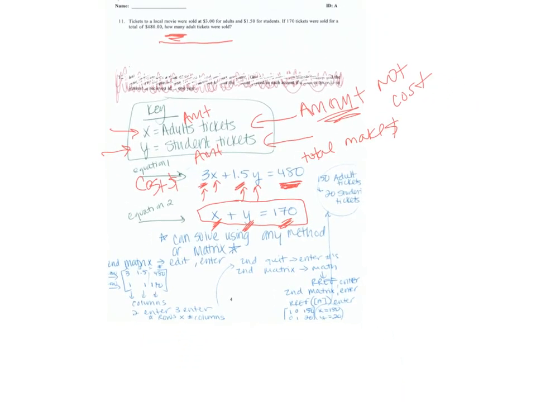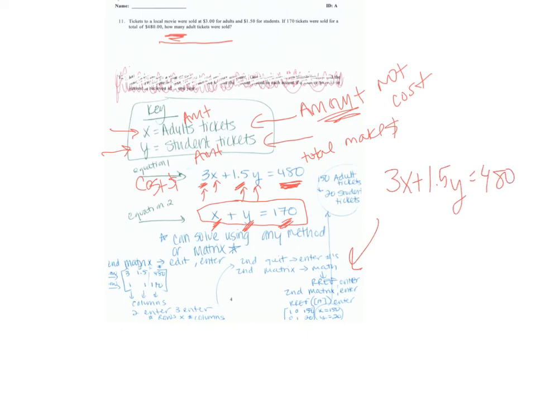Once you get those two equations, you can use any method to solve. You can use the matrix option with your calculator, or if you want to do substitution or elimination, go for that. So I will solve this one using elimination.